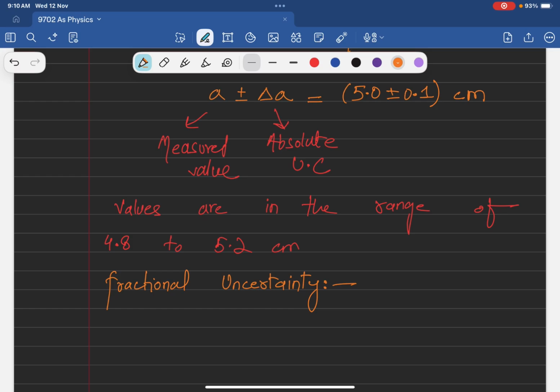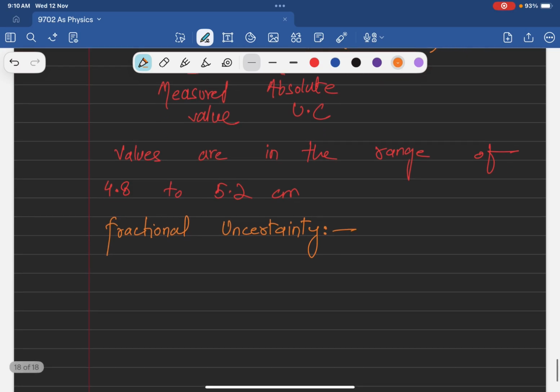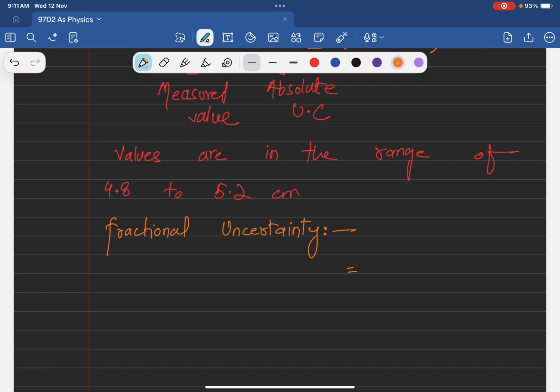Fractional uncertainty simply tells us how small or how big my magnitude of error is in comparison to the measured value. So, how can we find fractional uncertainty? If we divide the uncertainty by the measured value, we can find fractional uncertainty.